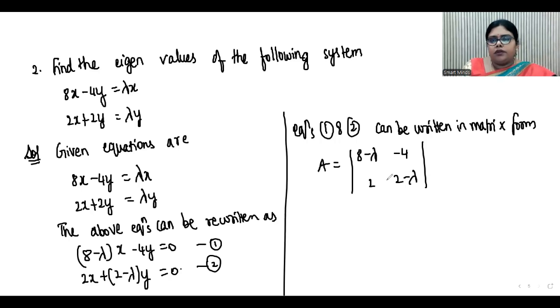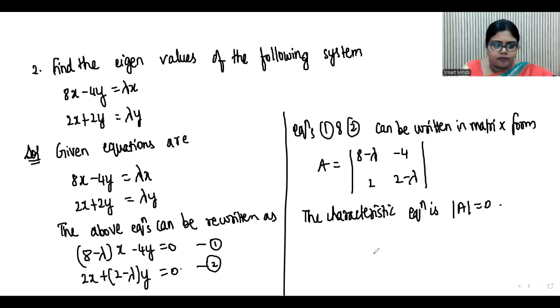Okay, so now how do you write the characteristic equation? Simply you have to take that determinant of A is equal to 0. So you cross multiply this, you will get (8 minus lambda) into (2 minus lambda) plus 8 is equal to 0.